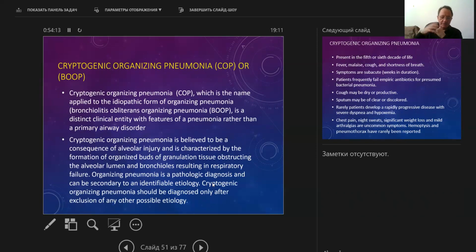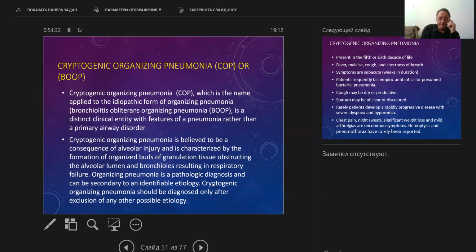And now we did discuss two acute forms of idiopathic interstitial pneumonia: cryptogenic organizing pneumonia and acute interstitial pneumonia.